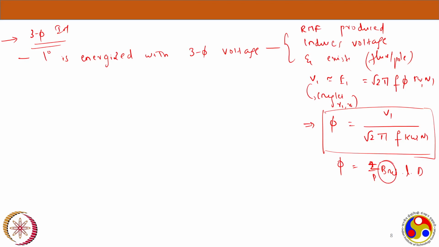This B, which has the unit of Weber per meter square, is in turn dependent on the flux per pole. So the strength of this B should always remain the same from no load to full load.